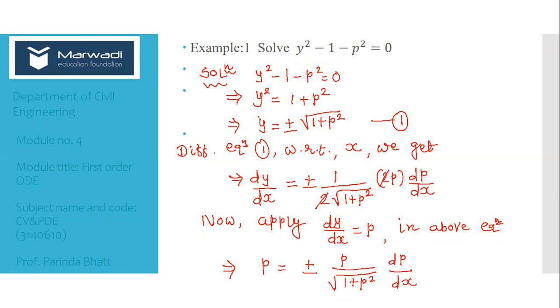Therefore, dy by dx, plus or minus sign as it is. The square root differentiation is 1 upon 2 times the square root term. Now, for the term 1 plus p square differentiation with respect to x, the derivative of 1 is 0. P square is 2p into dp by dx. Now put dy by dx equal to p in the above equation.